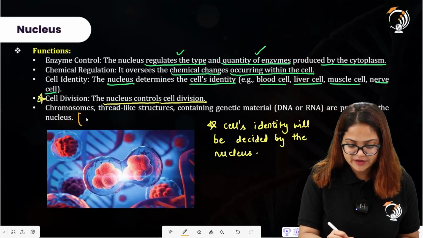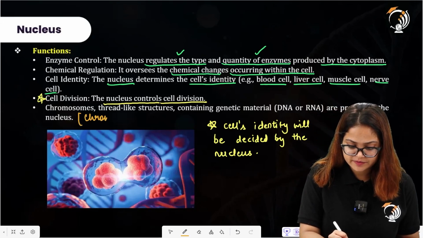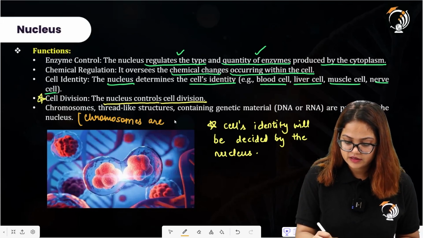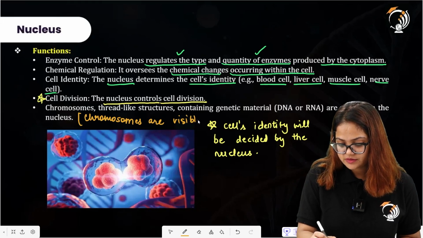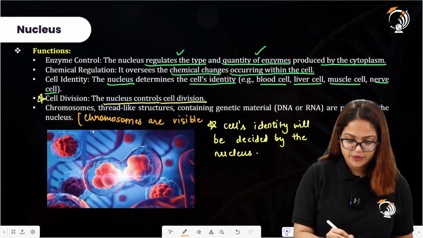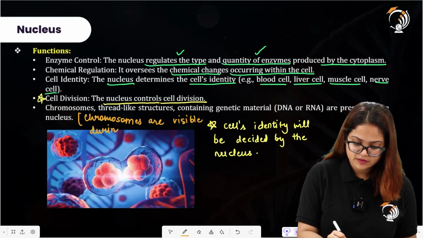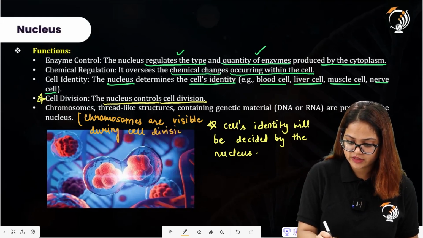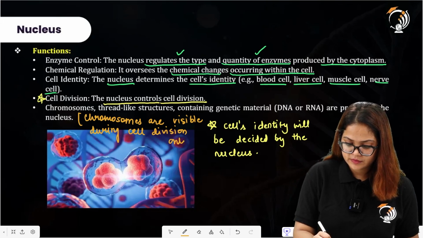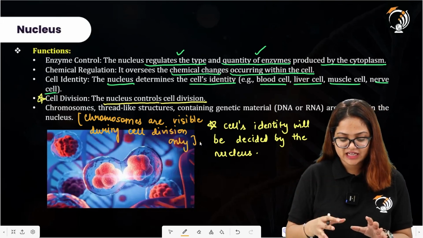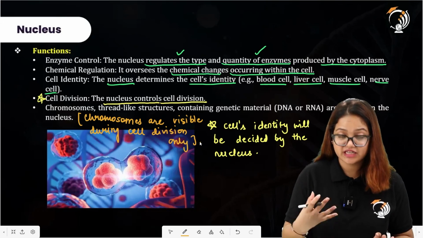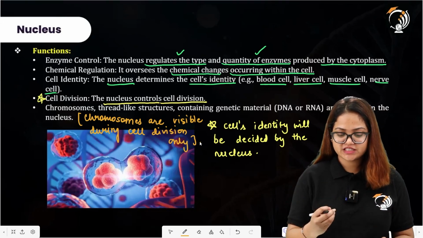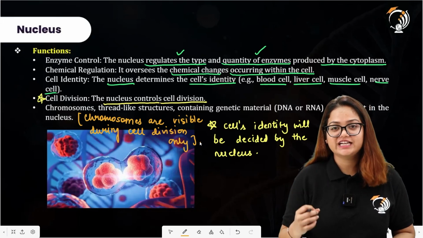So let me write it here that chromosomes are visible during cell division only. And here you have this diagram in which a cell is dividing. The nuclear content is also dividing, and the nucleus is able to control the cell division as well.